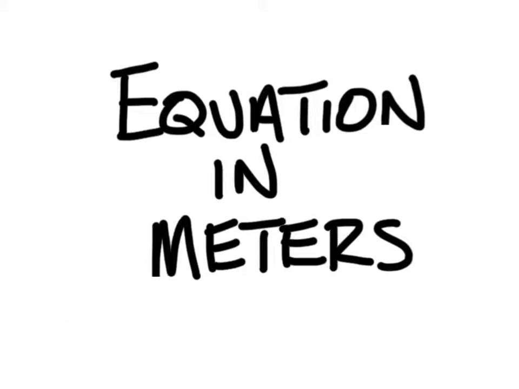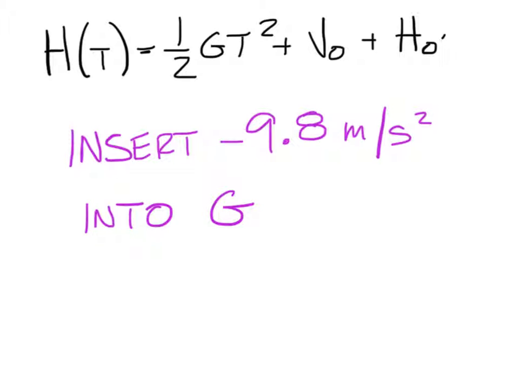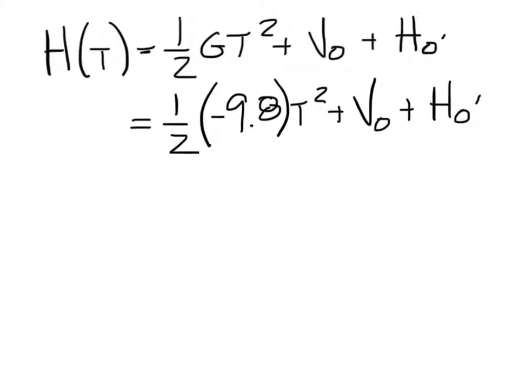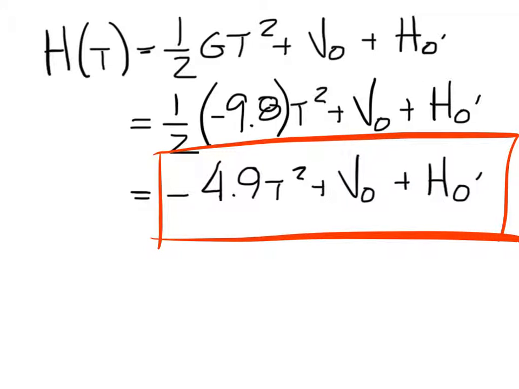If your problem is in terms of meters, then your function must be in meters as well. So instead of putting in a negative 32 for G, you would have to put in a negative 9.8 for meters per second squared. So there's your negative 9.8, and multiply it by a half to come up with negative 4.9. This function is what you should use if the problem you are given is in terms of meters.